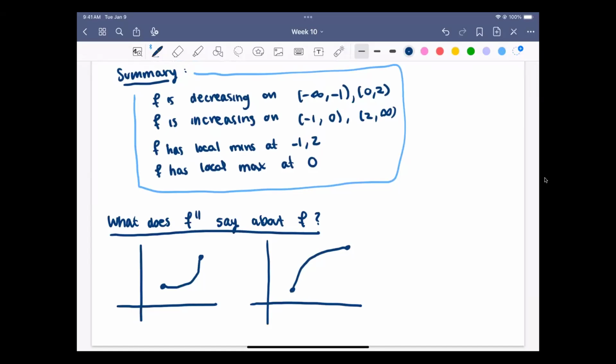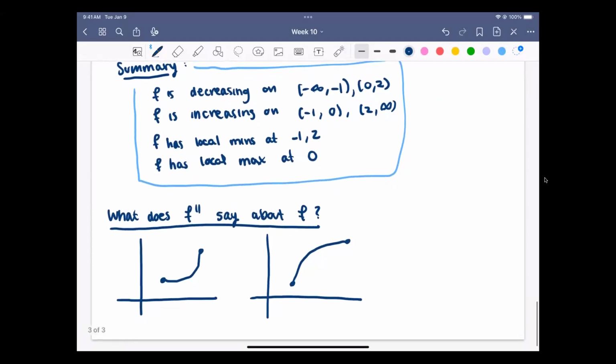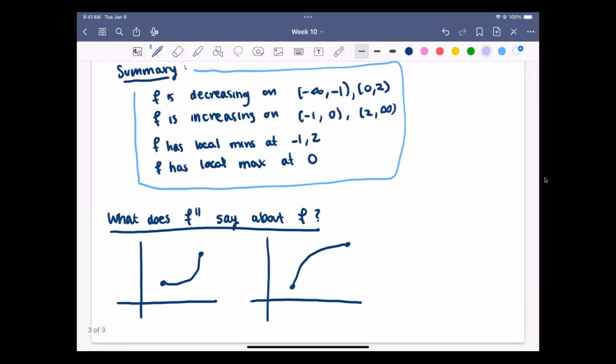So let's just look at the tangents of these. So here, let me not use purple because it's hard to see. So here I start off with something with slope like 0, and then small positive slope, and then large positive slope, right?